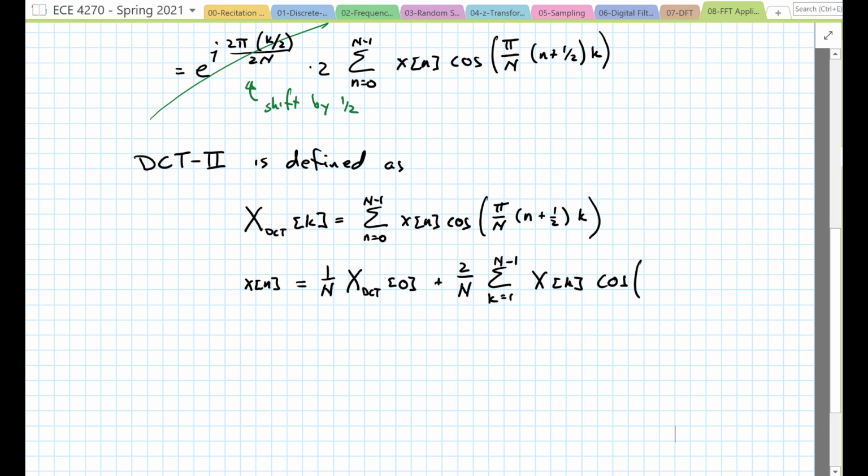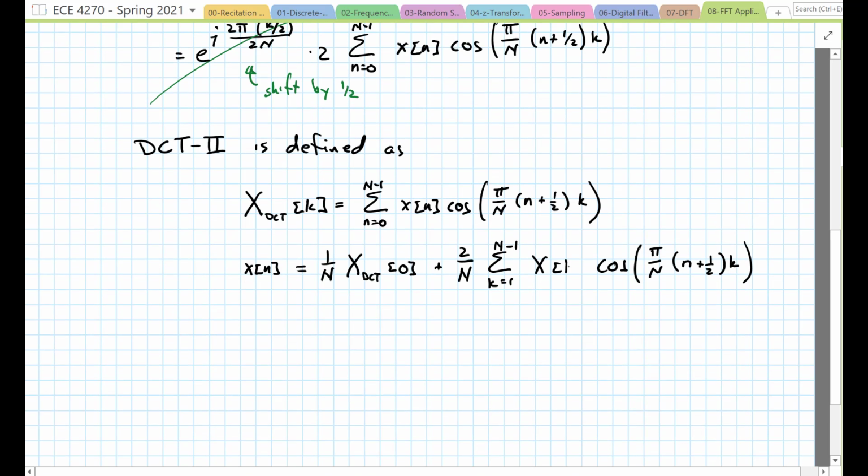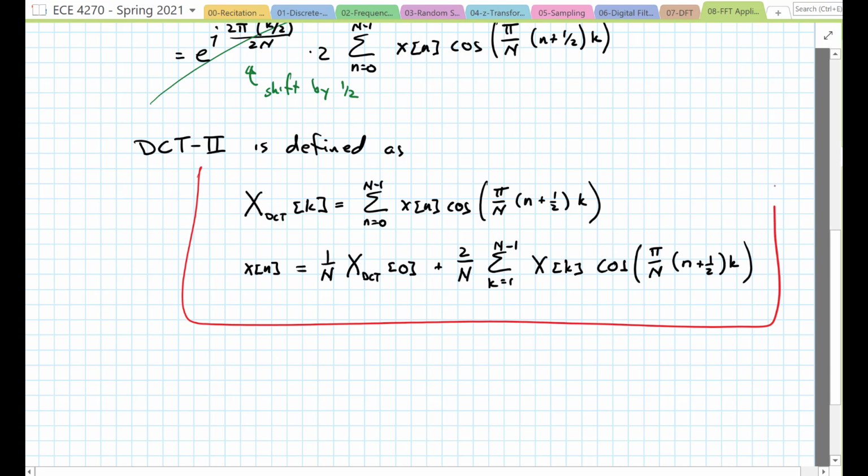But this one does it this way, and we have once again pi over n times n plus 1/2 times k. Normally we would have a conjugate when we do our inverse operations, but the conjugate kind of disappears here with the fact that we have even or real functions. So this is our DCT.